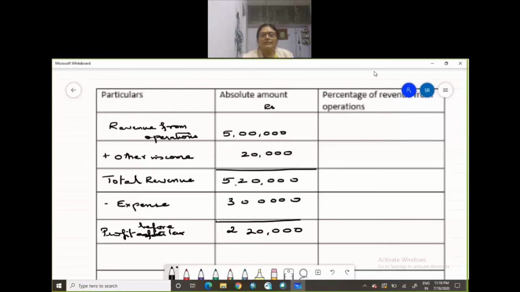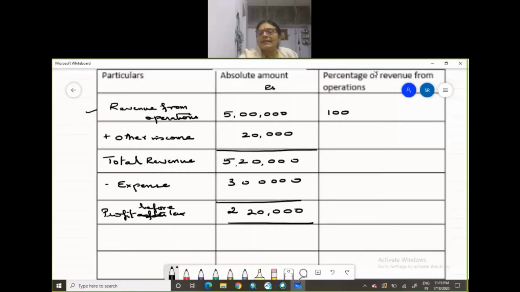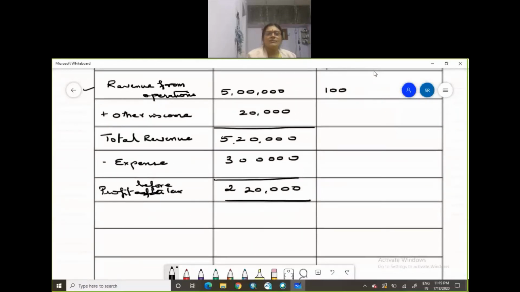Okay. So that's it. Now you're going to calculate the percentage of revenue from operations. Revenue from operations is always going to be your base. So you assume that it is 100. Now let us calculate the percentage of all these items in relation to revenue from operations.